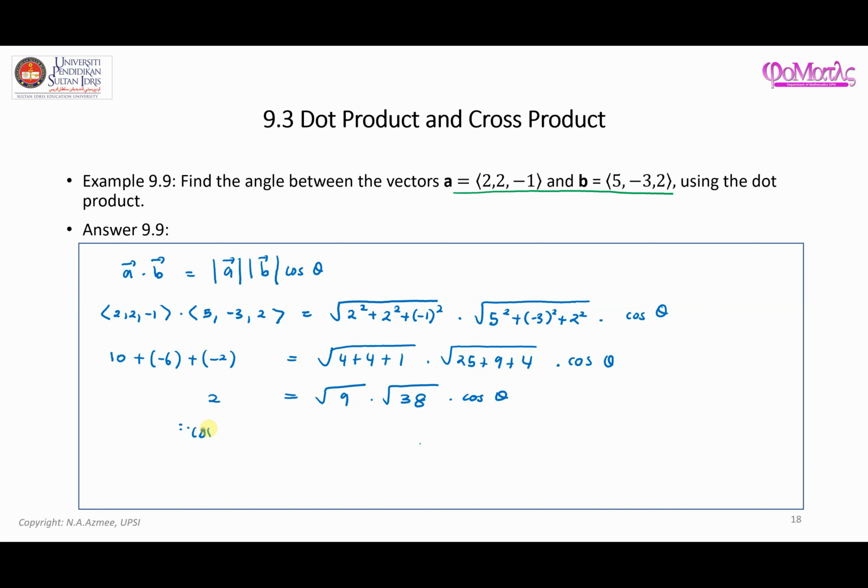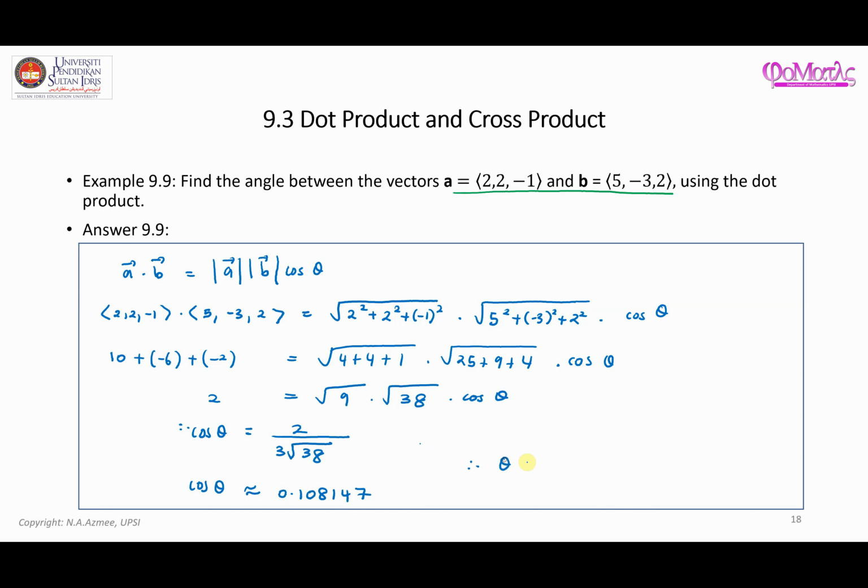Therefore, we can say that cos theta is just 2 over 3 root 38. And if you punch it into the calculator, cos theta is approximately equal to 0.108147.